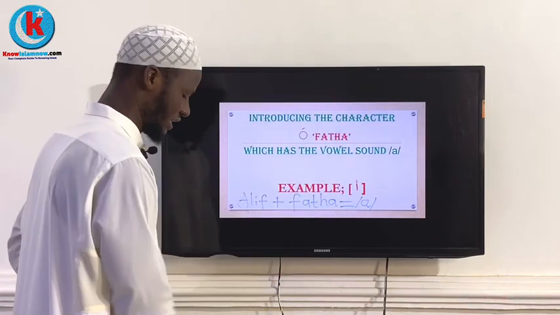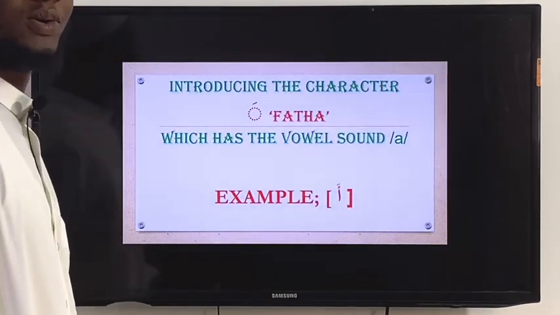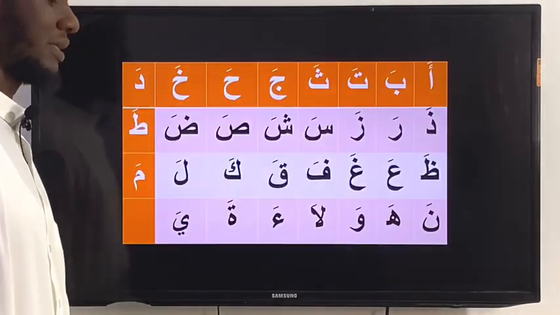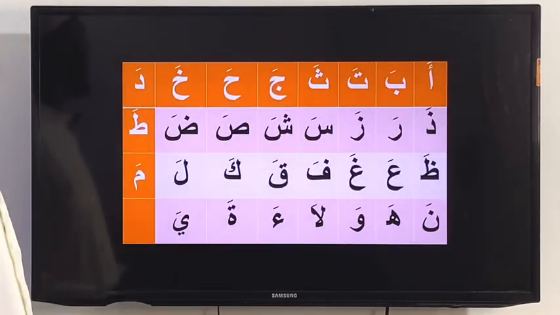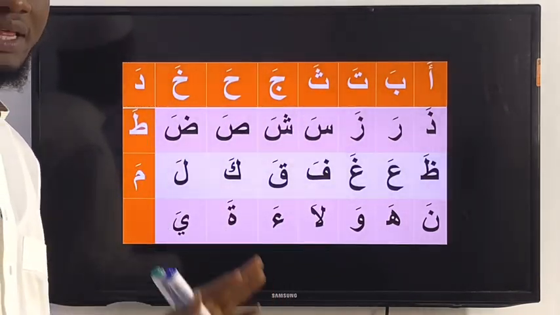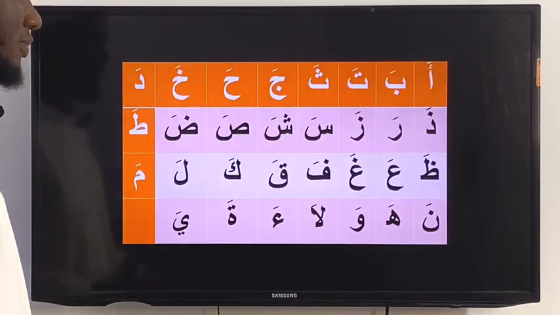Now let's go into the lesson and then we'll have more of it to go through. So having dealt with the example, let's now go into the lesson. MashaAllah, we have the letters here, and we follow the rules of pronunciation so that we will be able to mention them as easily as possible.